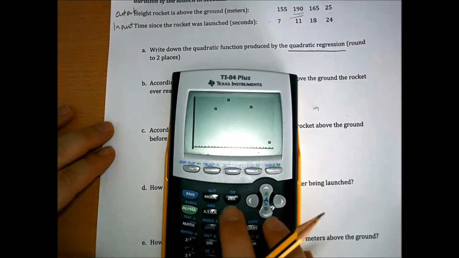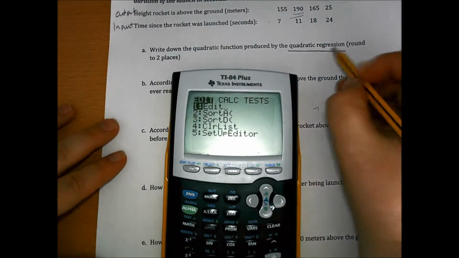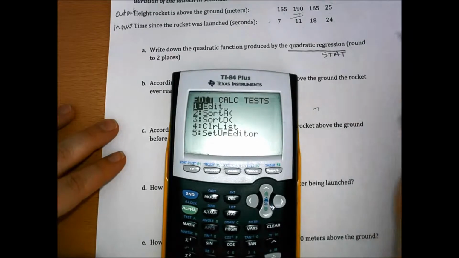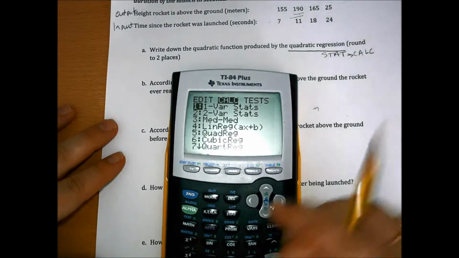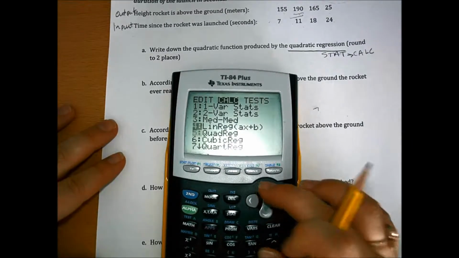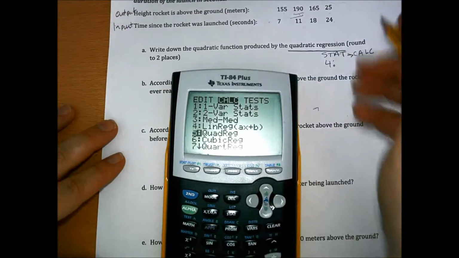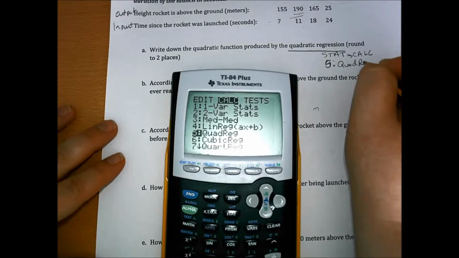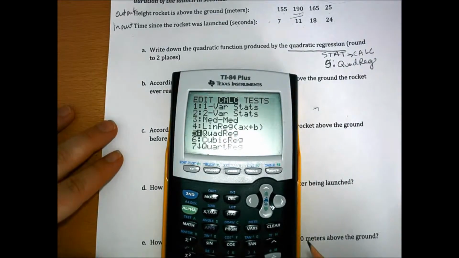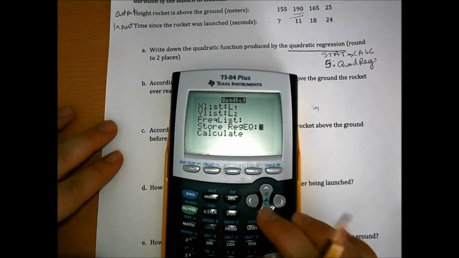So in order to do this, you have to press stat. Then go over to calc. Then go down to 5, quadratic regression, or QuadReg. Choose that. You're going to come up with the menu.